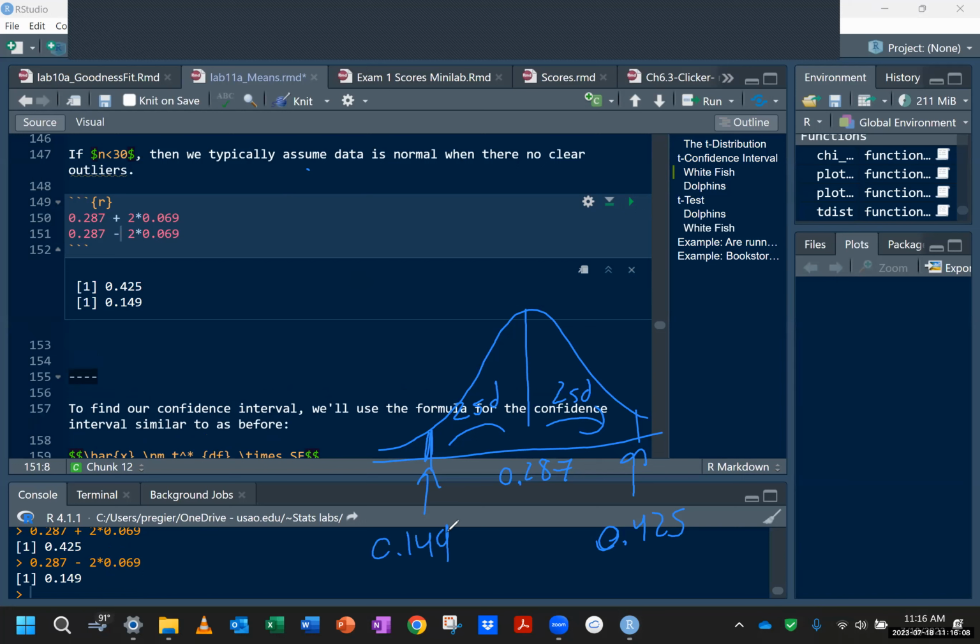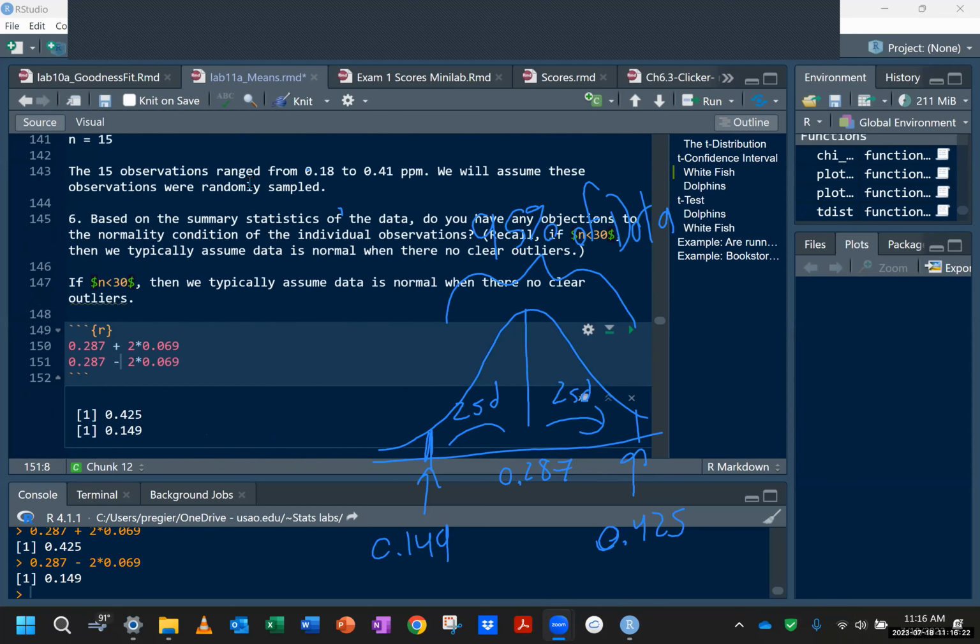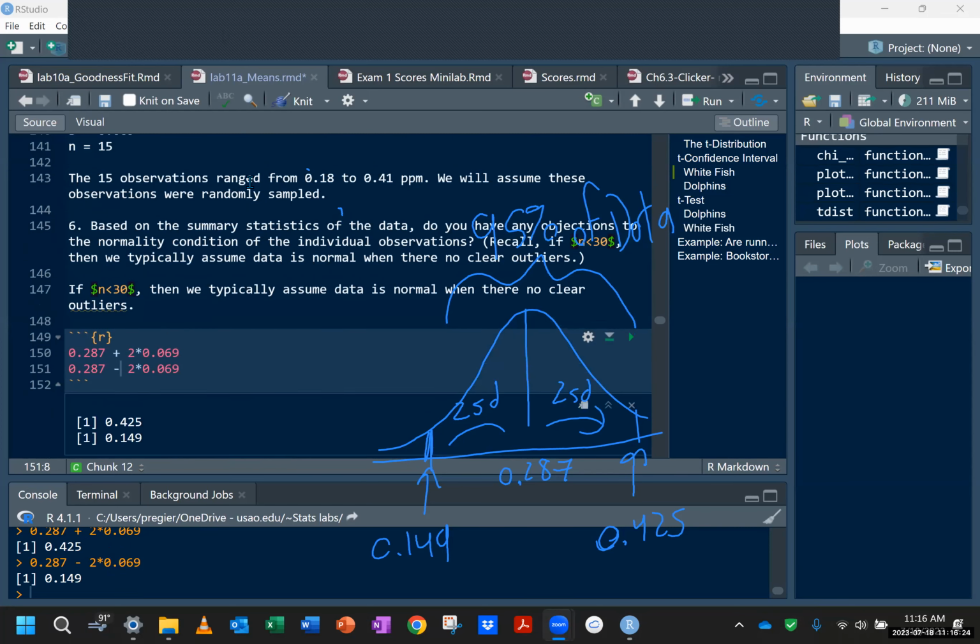Okay, so this covers about 95% of my data. So anything outside of that, potential outlier. But if our data lies within that range, there's no clear outliers. So let's look at what our range is. Our lowest data point was 0.18.